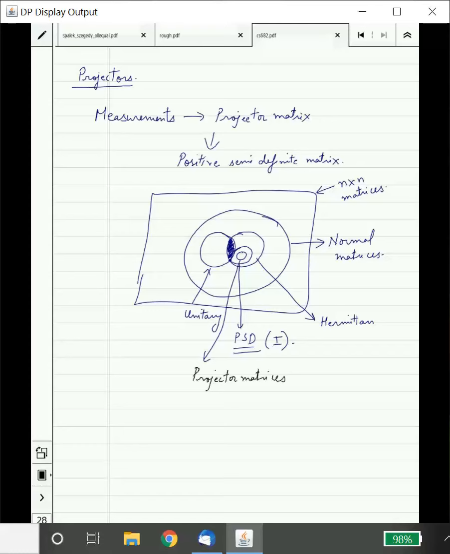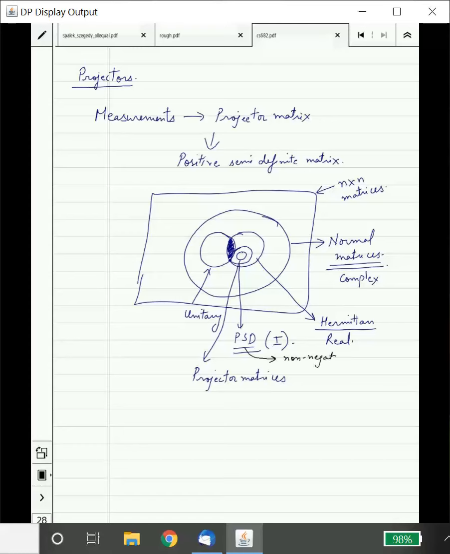If I look at this hierarchy, normal matrices are the ones where eigenvalues can be anything. Any complex number is okay. Then I restricted it to Hermitian matrices where the eigenvalues are real. Then I went to PSD matrices where the eigenvalues have to be non-negative.